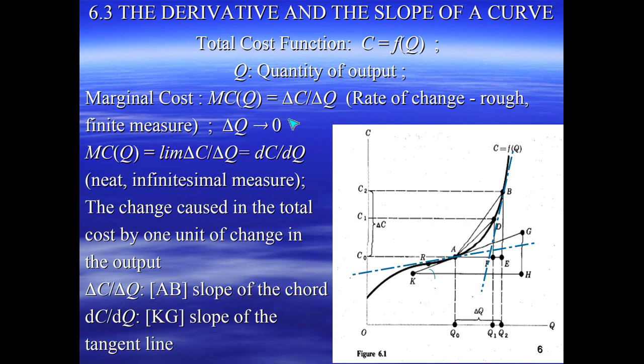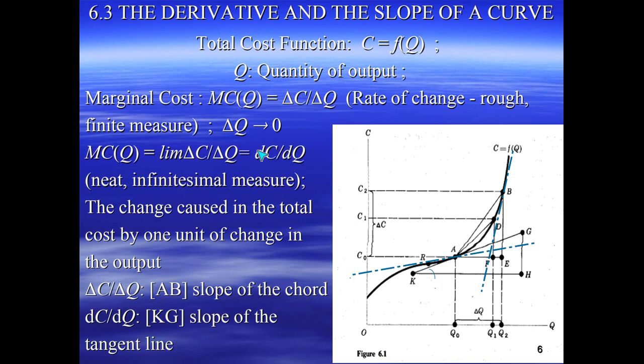But if we send delta Q to 0, which means the denominator is becoming smaller and smaller, then marginal cost with respect to quantity will be the limit of delta C over delta Q when delta Q goes to 0, which is equal to the derivative of total cost with respect to Q, with respect to the quantity.